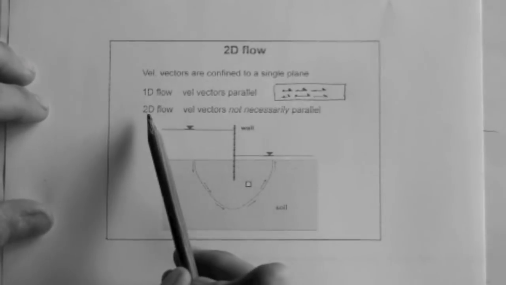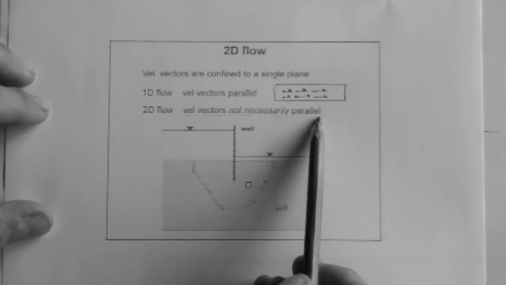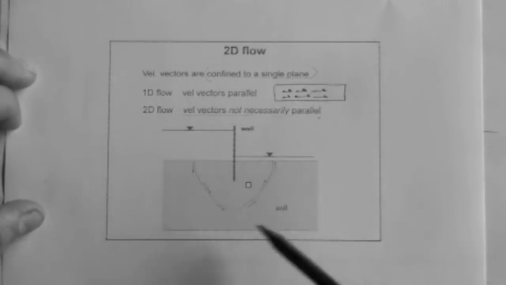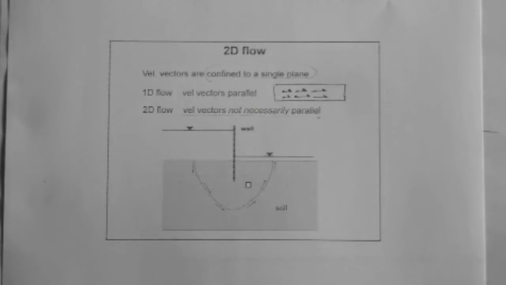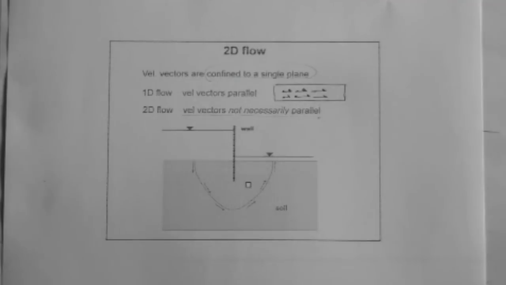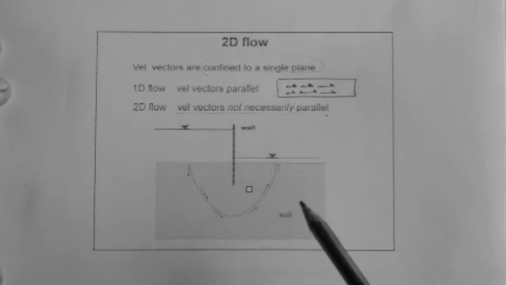Now, in the case of 2D flow, the velocity vectors are not necessarily parallel, and they're actually confined to a single plane, as we will see when we talk about this example here. This drawing shows a profile.